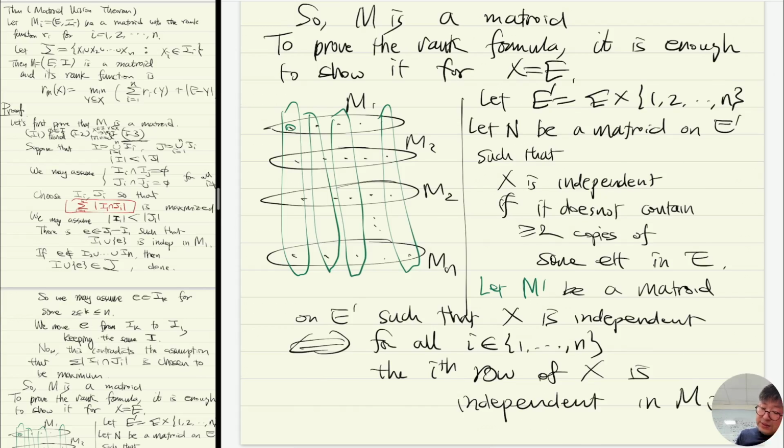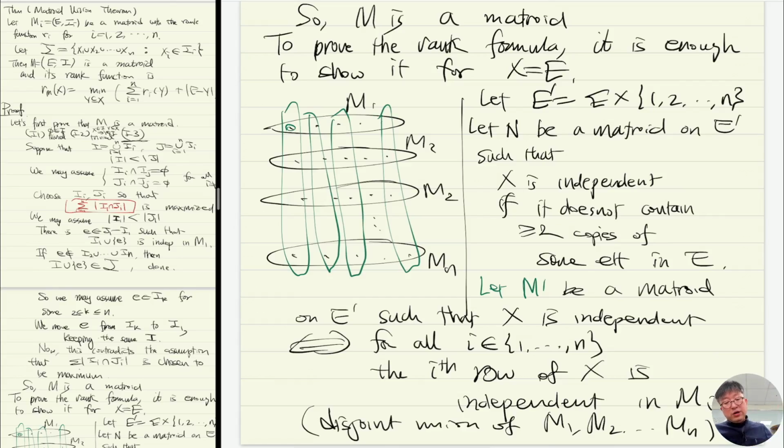Now it's a disjoint union of these elements. So it's just a union of one independent set in the first matroid, one independent in the second matroid, one independent in the third matroid, etc. That's independent in M prime.